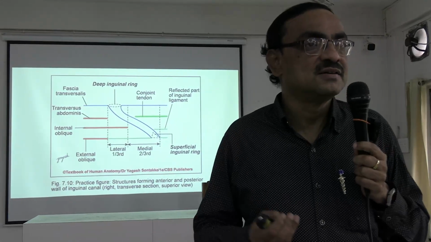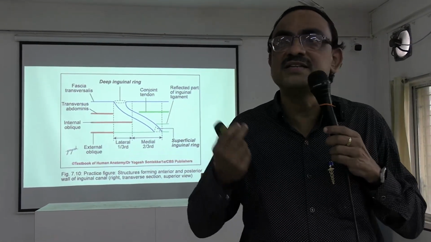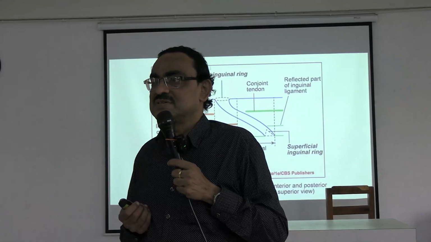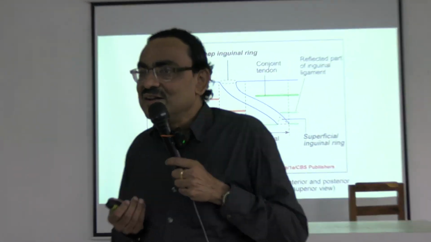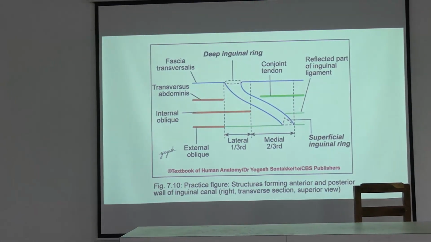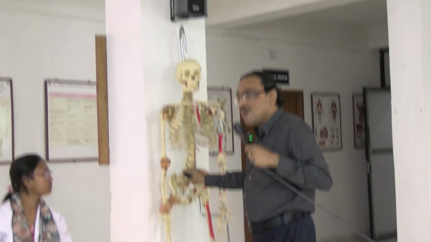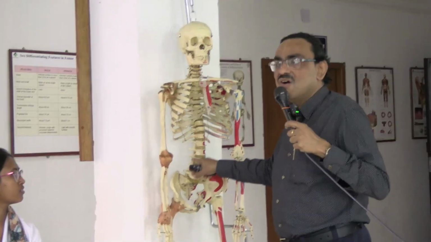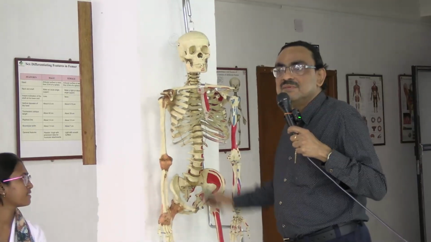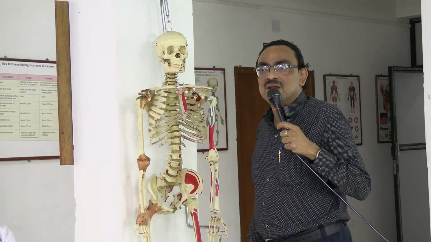The gonads during the embryonic stage develop in the lower thoracic or the upper lumbar region.